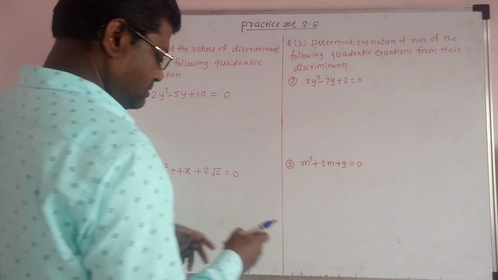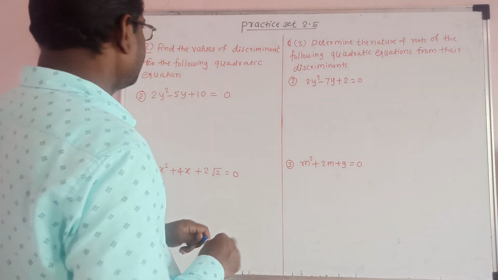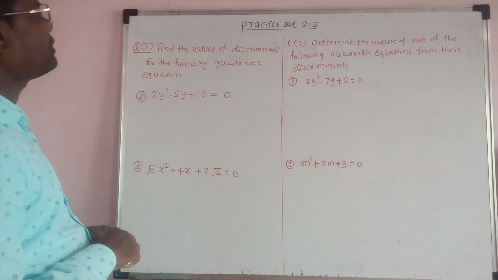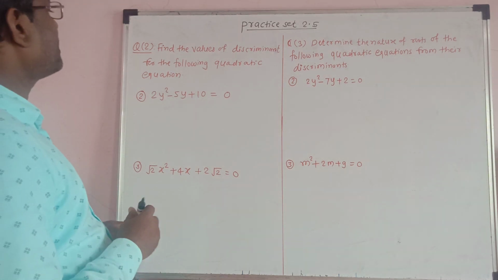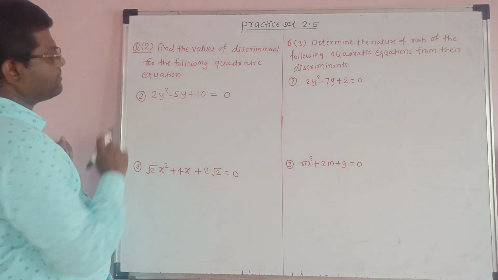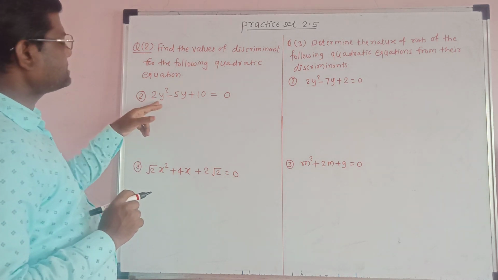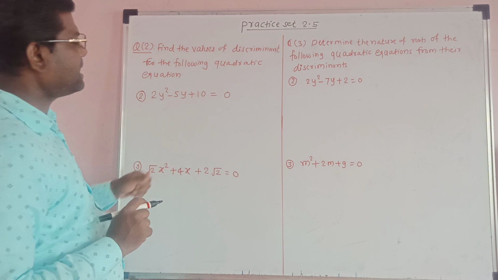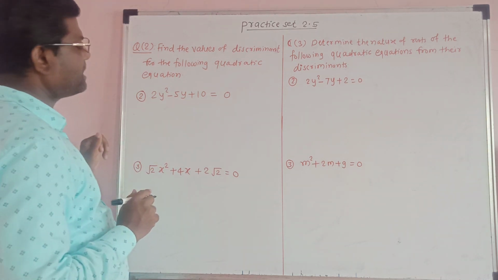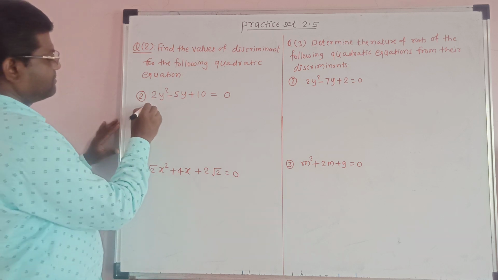It is set 2.5. Question number 2. Find the values of discriminant for the following quadratic equation. Example number 2 is 2y² - 5y + 10 = 0. Compare this equation with its standard form.